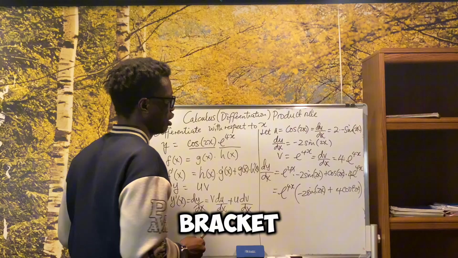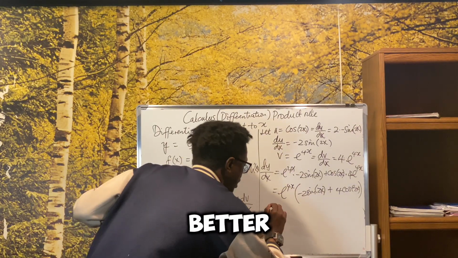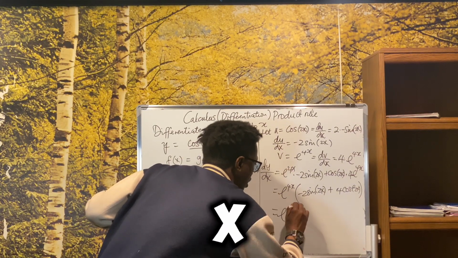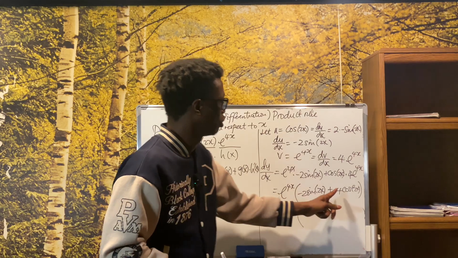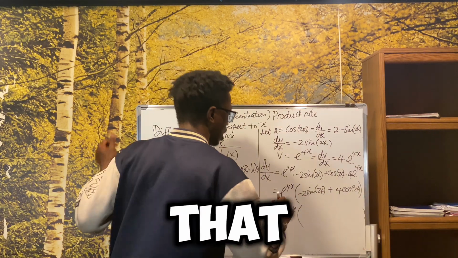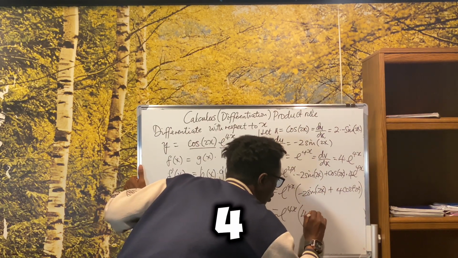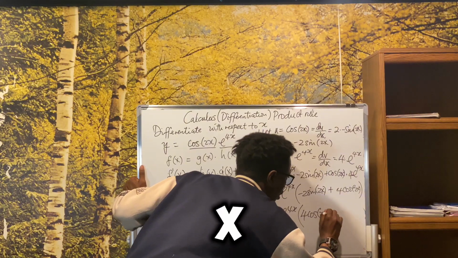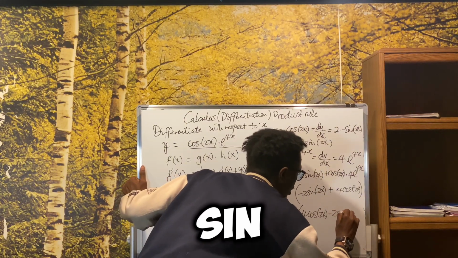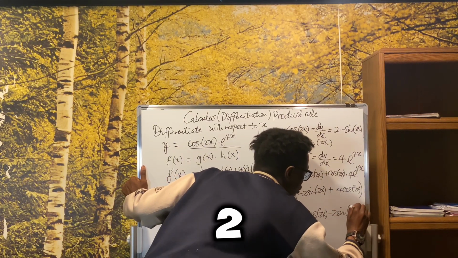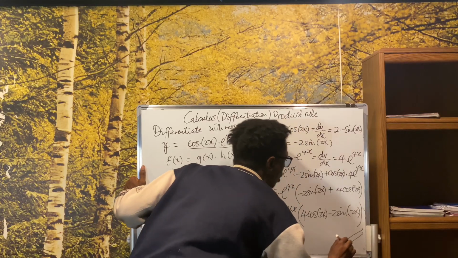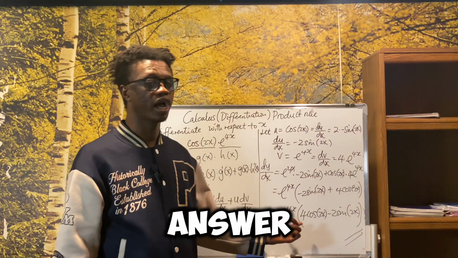You close the bracket. Now, if you just want to write it better, this can become e raised to the power 4x into, you put first the positive, so that becomes 4 cos 2x minus 2 sine 2x, which becomes your answer.